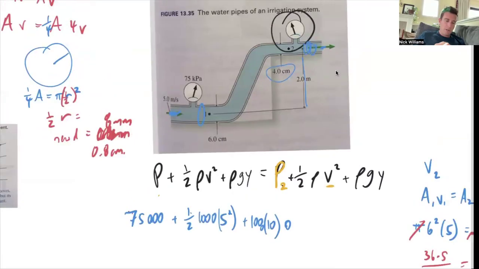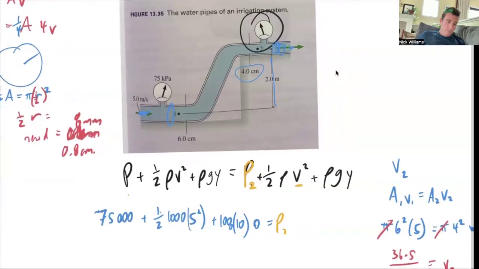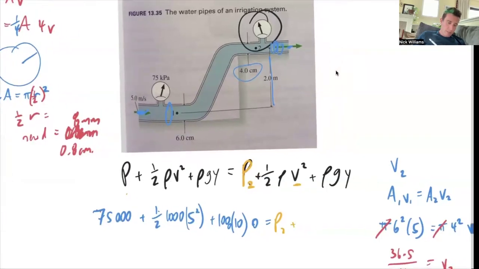It's going to go up 2 meters here equals P2 plus 1/2 times 1,000 times this one's my 11.25 squared.